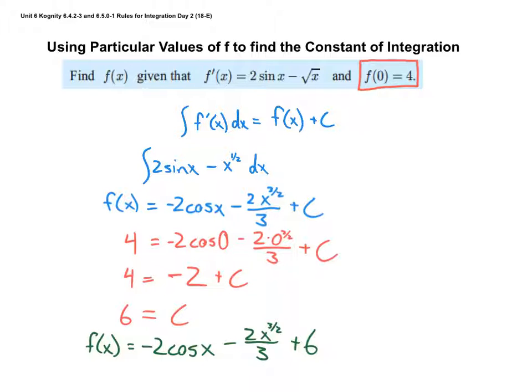for this problem. Is this what AP deals with more? AP does deal with this. We could actually consider this what we call a differential equation. An equation that has a derivative in it is technically a differential equation.